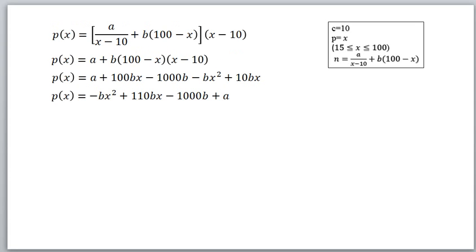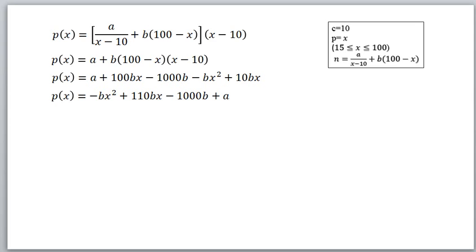Now we have to multiply out this equation and present it in its simplest form. First of all, we multiply the A divided by X minus 10 by X minus 10, which just leaves A, as X minus 10 divided by X minus 10 leaves 1, and 1 times A equals A. Next we multiply the 100 minus X by B, and also by X minus 10, which results in 100bx minus 1000b minus bx squared plus 10bx.